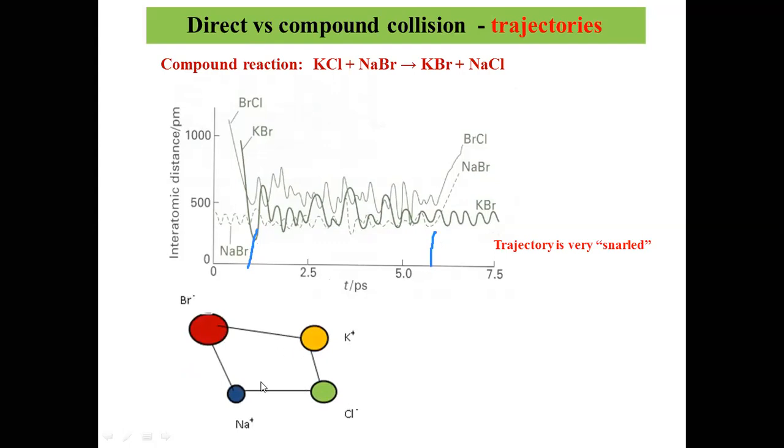So therefore, we are going to have NaBr also closer, KBr is also near about that, and BrCl also near about that. That is only possible if it is going to be a stable complex. So this stable complex has a lifetime of more than a picosecond, right? So it's a few picoseconds. So you can look at here from here to here.